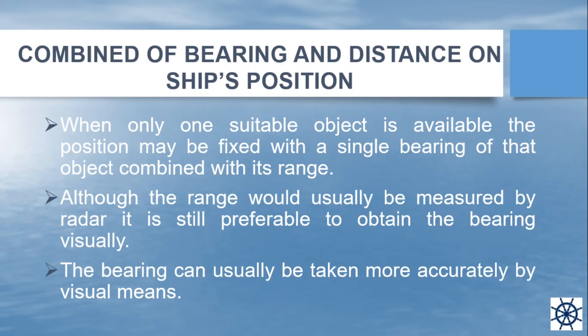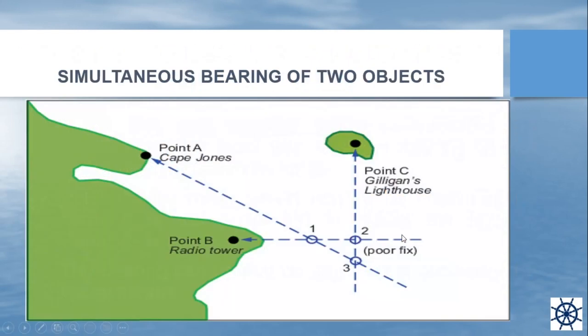Although the range will usually be measured by radar, it is still preferable to obtain the bearing visually, using your magnetic compass, or your gyro compass repeater, or the center repeater. The bearing can usually be taken more accurately by visual means, using your compass.